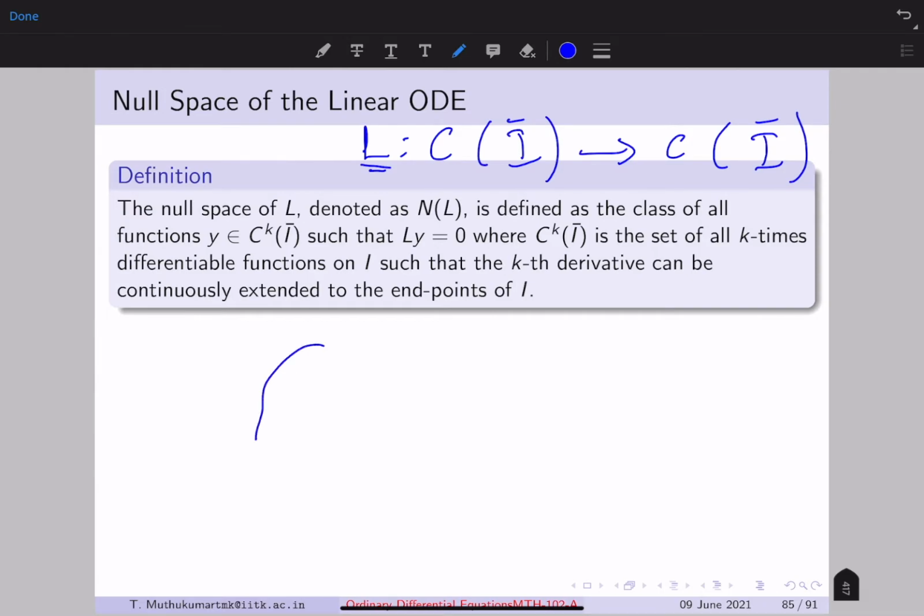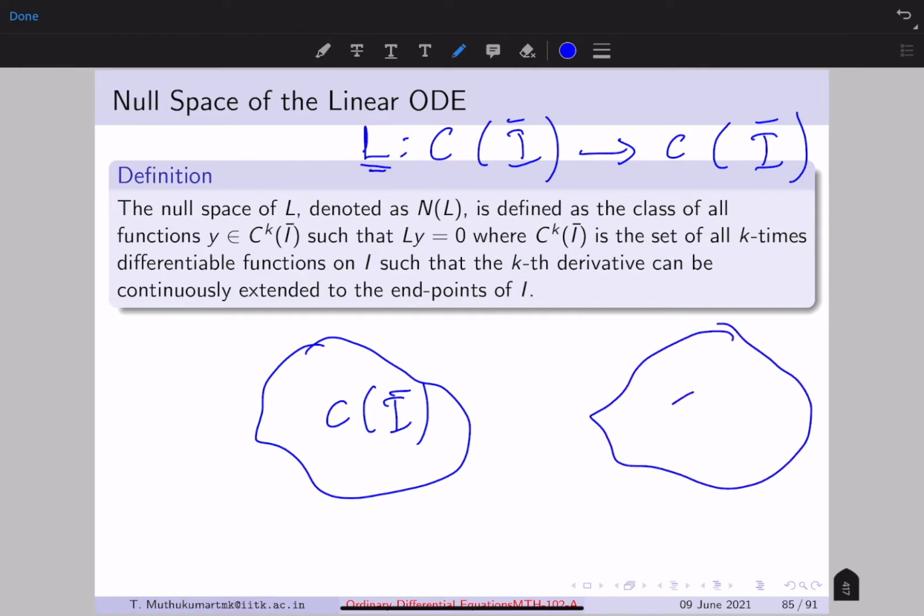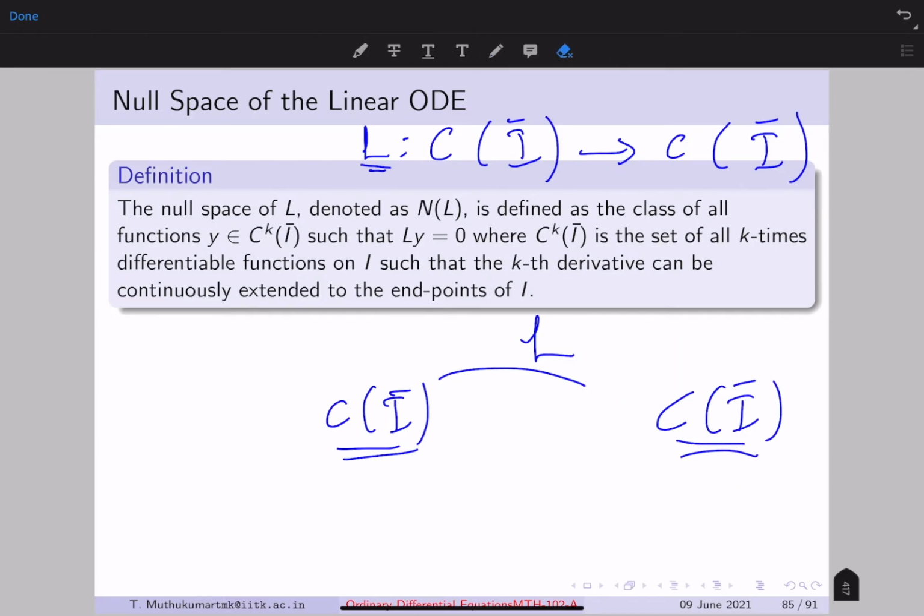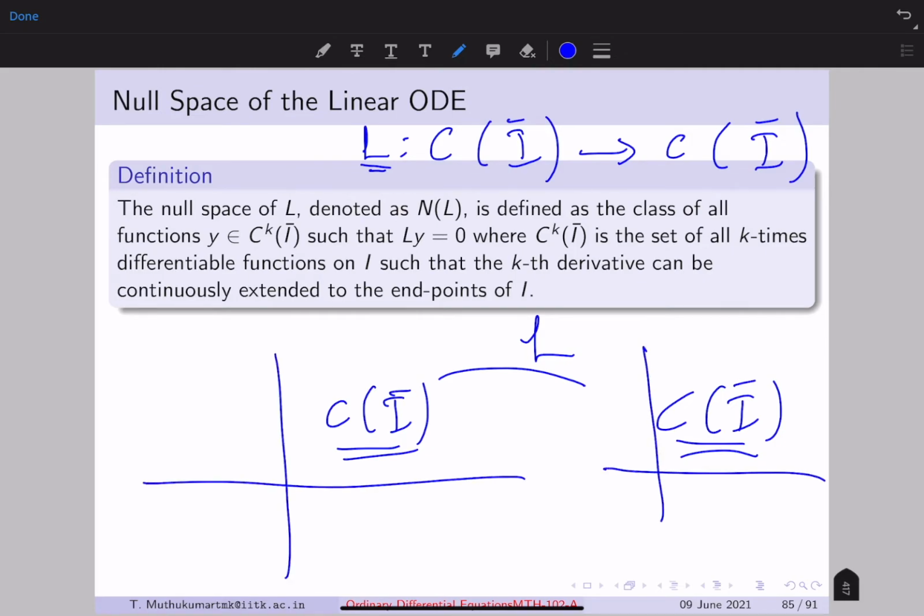So suppose this is your set C_I, you have the same set C_I here, and L is a map from C_I to C_I. Ideally, for more mature audiences, because we know that this is a vector space and this is a vector space, we usually draw a vector space not like this but as an R2 kind of set.